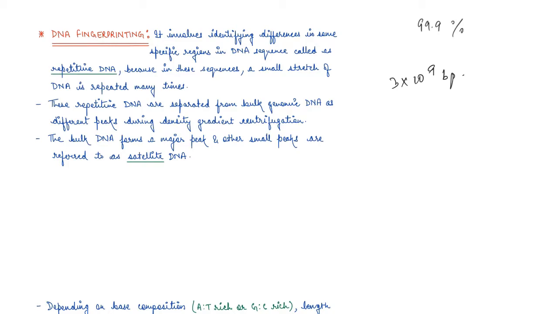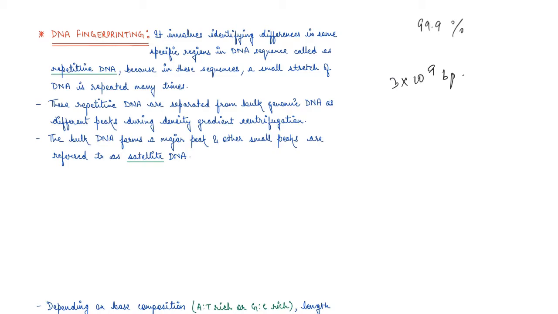So, if one aims to find out genetic differences between two individuals or among individuals of a population, sequencing the DNA every time would be a very expensive and a very tedious task, right? I'll have to compare two sets of 3 into 10 to the power 9 base pairs, and every time identify the entire sequence, right?